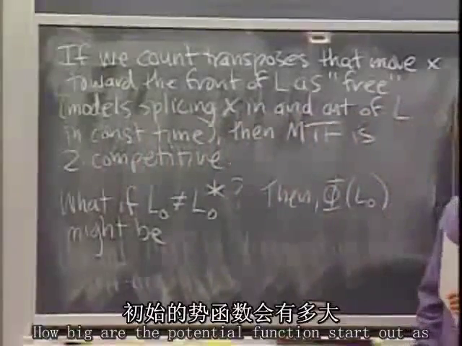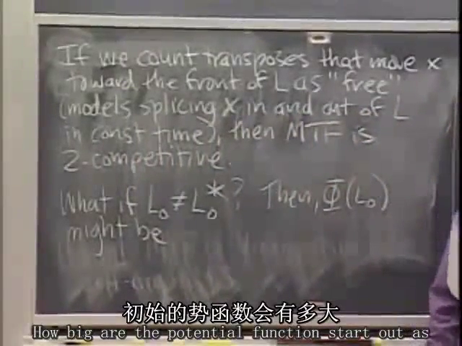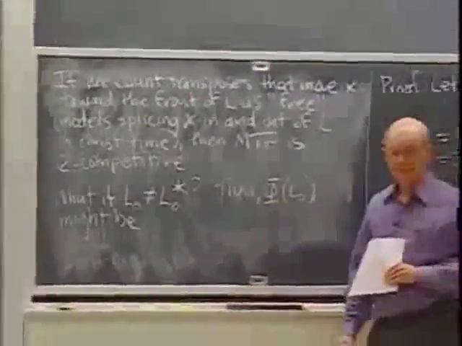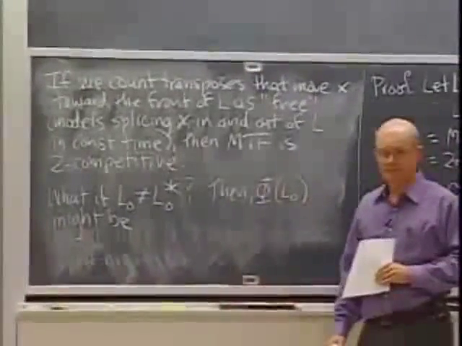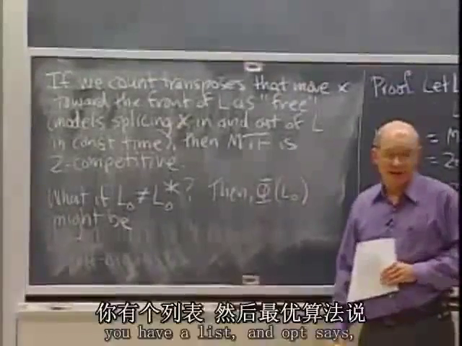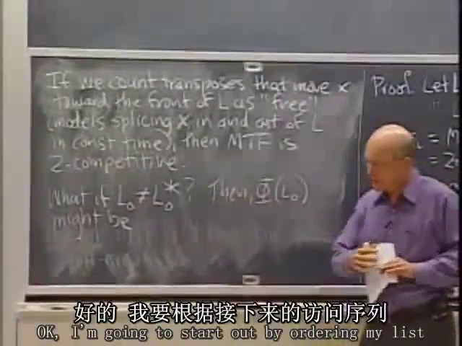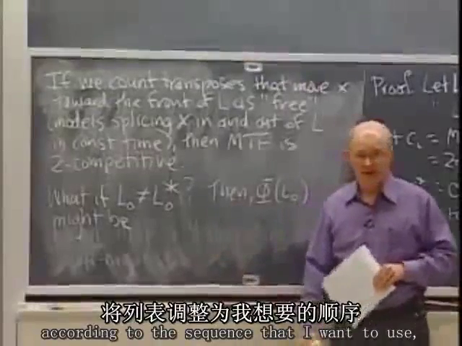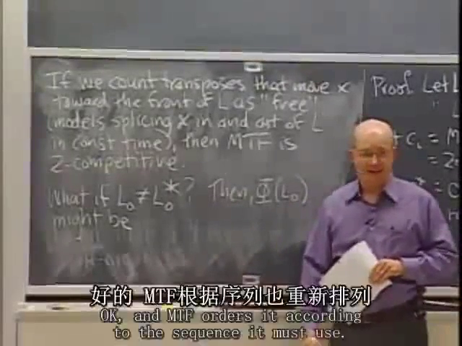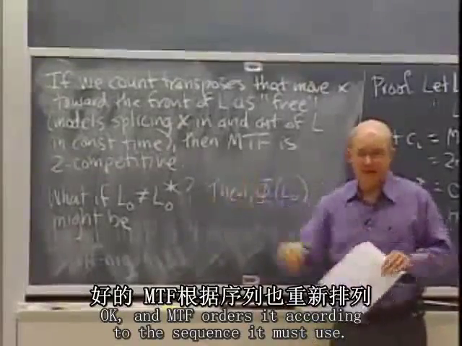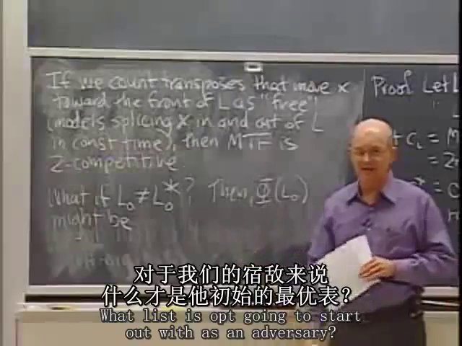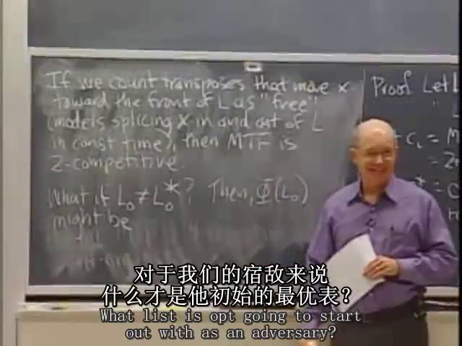How big could the potential function start out as if the lists are different? So suppose that we're starting out, you have a list, and OPT says, I'm going to start out by ordering my list according to the sequence that I want to use, and MTF orders it according to the sequence it wants to use. What list is OPT going to start out with as an adversary?